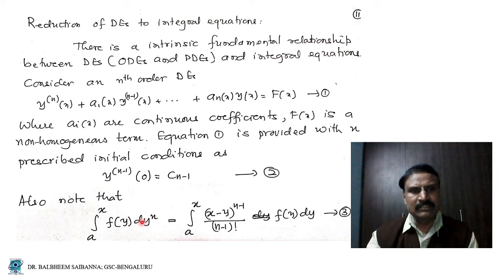Suppose n is 2, then what will we get? (x minus y) raised to power 2 minus 1, which is 1, divided by 1 factorial, f of y dy.